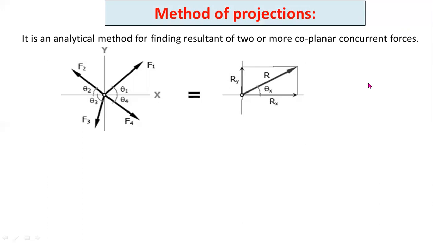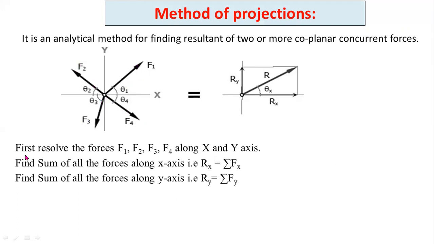So here you can observe, I am taking four forces. F1, F2, F3, F4 are the four forces acting at a common point. Now we have to determine the magnitude of a resultant for these four forces. First step, you have to resolve the forces F1, F2, F3, F4 along the x-axis and y-axis.